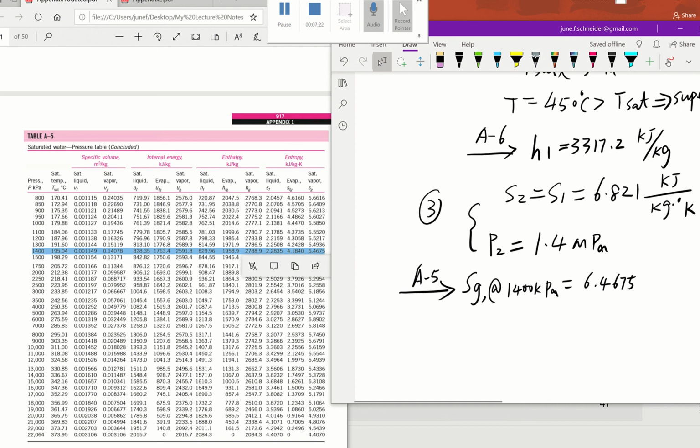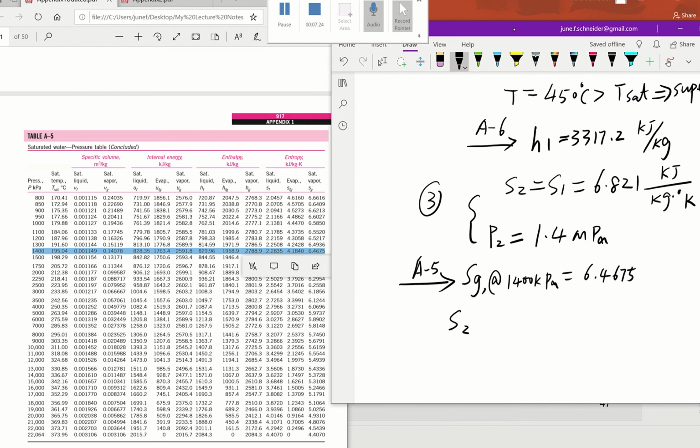Our value for S2 is 6.821, which is greater than its Sg value, which means this is a superheated vapor.